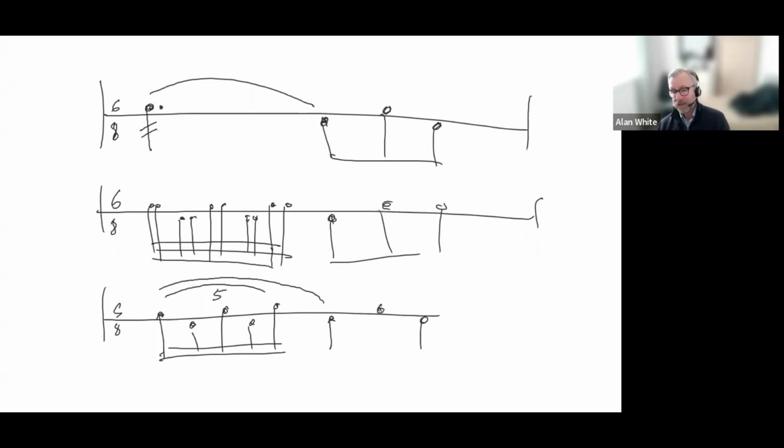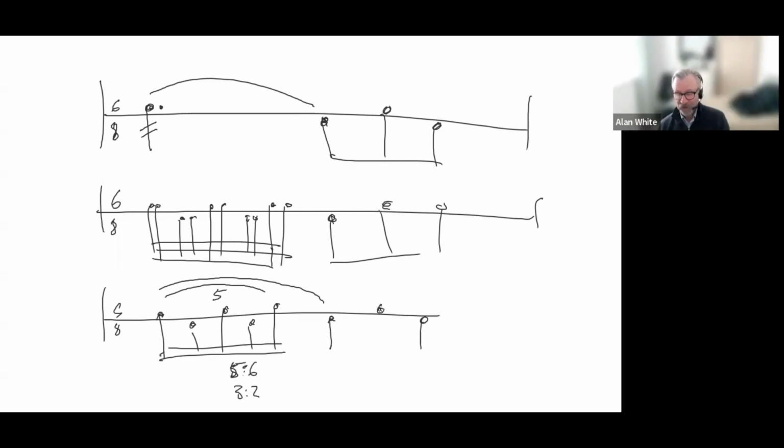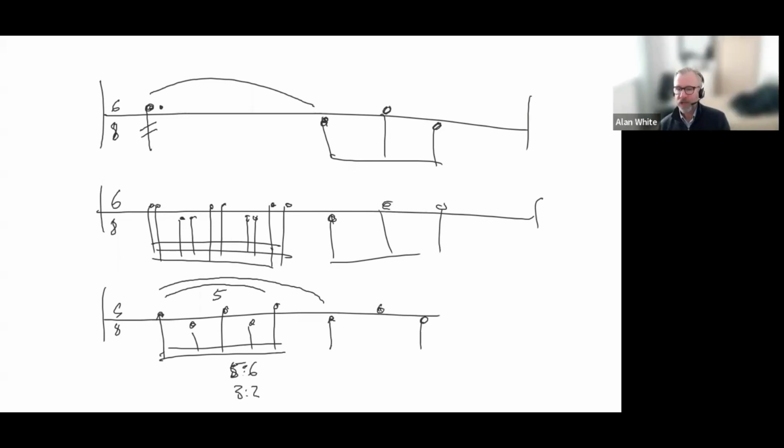Now, there is a form of traditional music notation where they actually write that as a ratio, 5 in the time of 6, and your triplet would be written as 3 in the time of 2, and that would be very helpful. I agree, that's really helpful. Totally. A lot of older, more traditional music is written like that. And again, we abbreviate based on context.